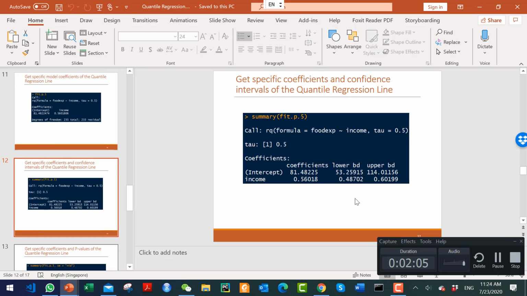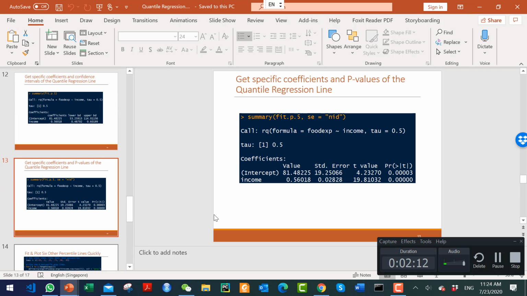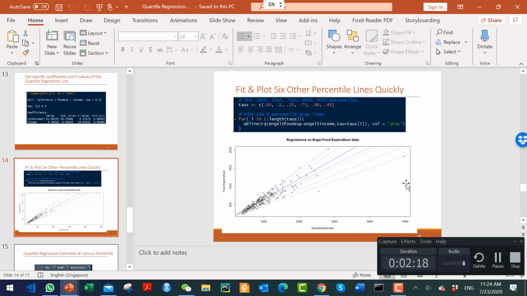We can have multiple lines with multiple tau values, and look at whether each is significant at the end. We can have one line, two lines, three lines, quite a lot of lines. The tau can be 0.05, 0.1, and these are percentiles, 0.75, 0.9, 0.95.